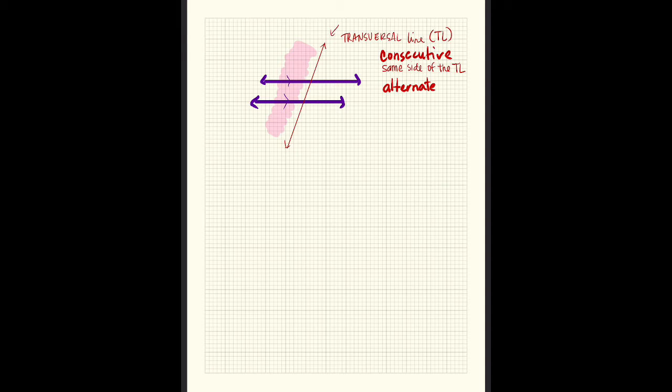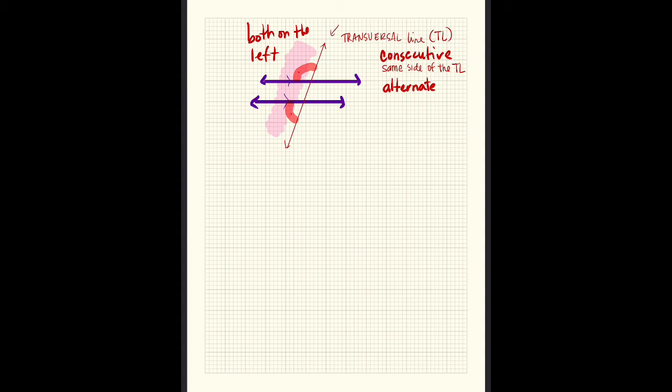So if the angles are on the same side, for example, over here, both angles are on the left side of the transversal, and therefore they are on the same side.